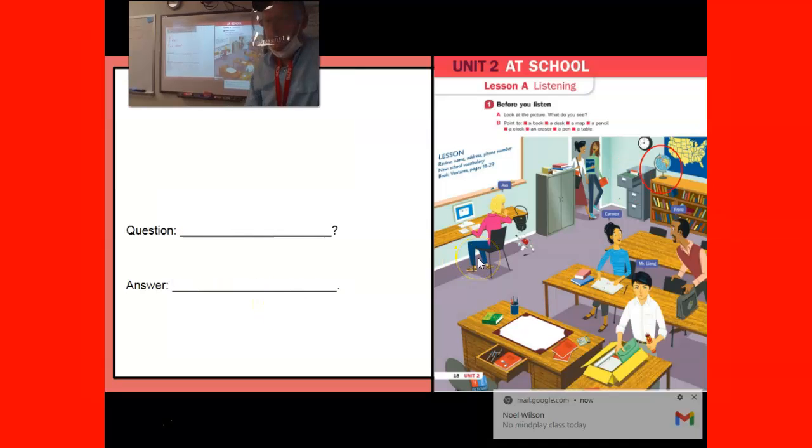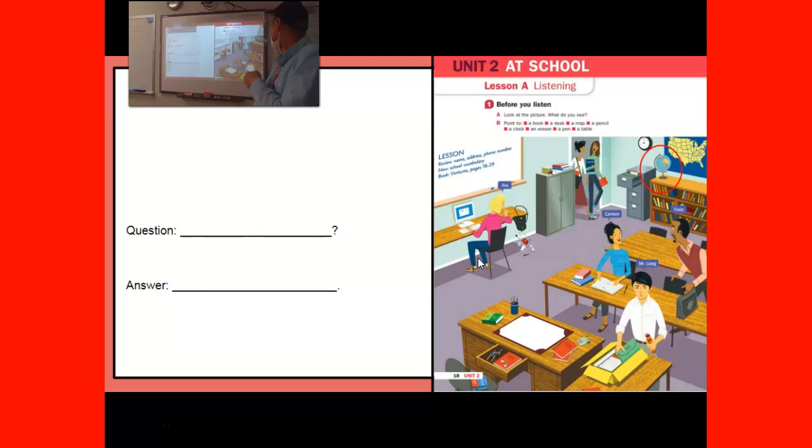All right. Here we are. What's the question? You remember what this is called? A globe. A globe. Yeah, we call it, so this is a map, and this is a map, a globe.